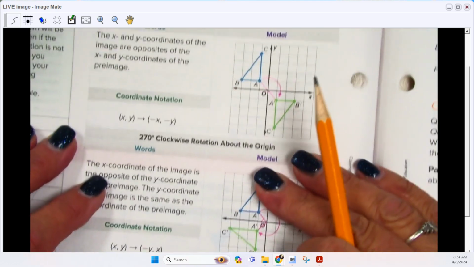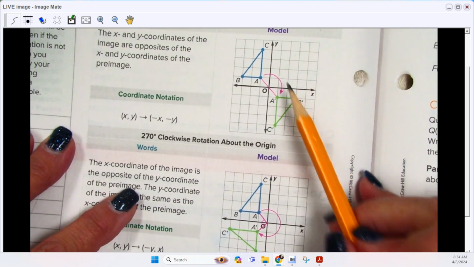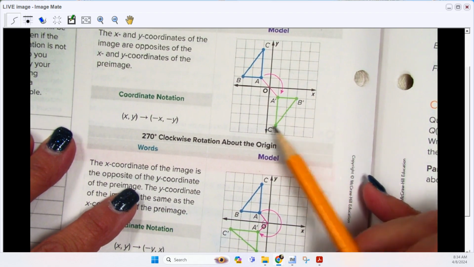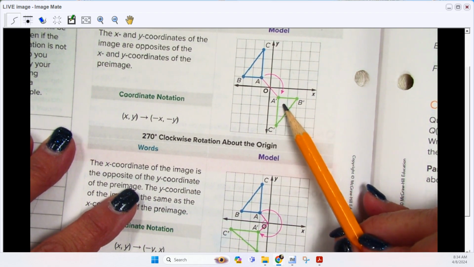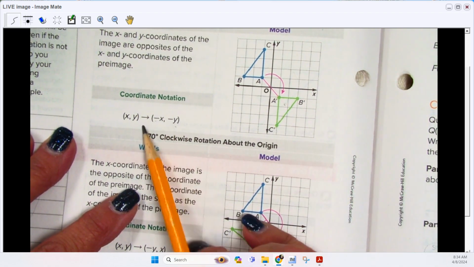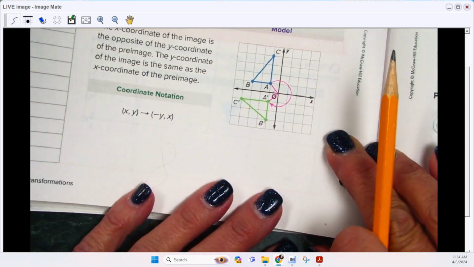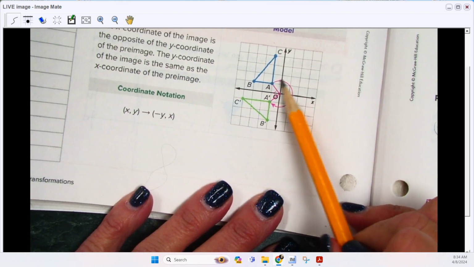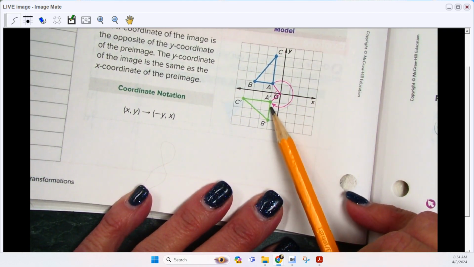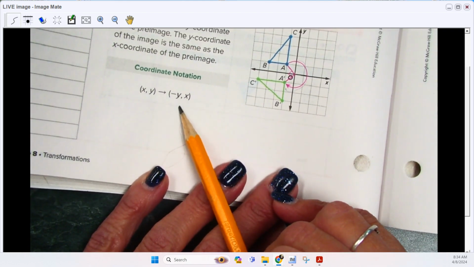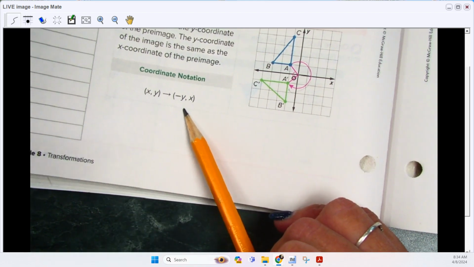So 180 degrees, we're going to go 180 degrees, which is a straight line. We take the opposites. And then down here, 270 degrees clockwise is going to be down here, and right here we do -y, x.